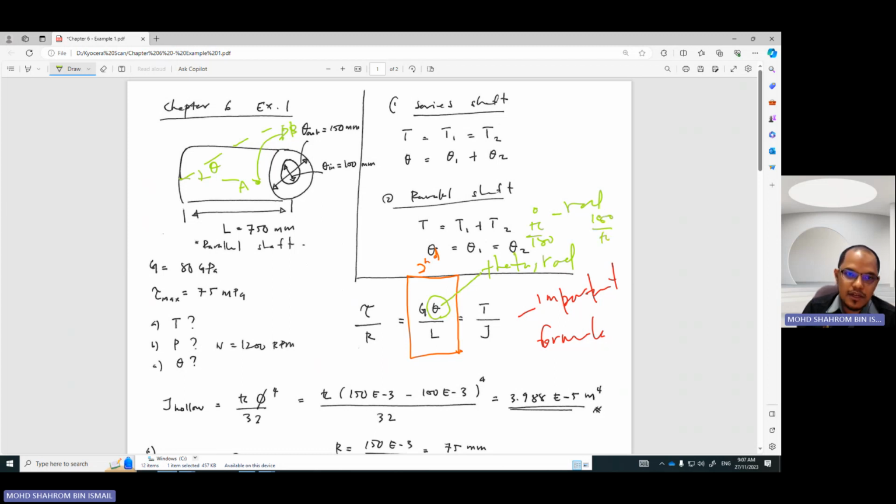This one I think you already covered during your first or second semester. So when it rotates from point A to point B, there will be an angle, which we usually know as the angle of twist.